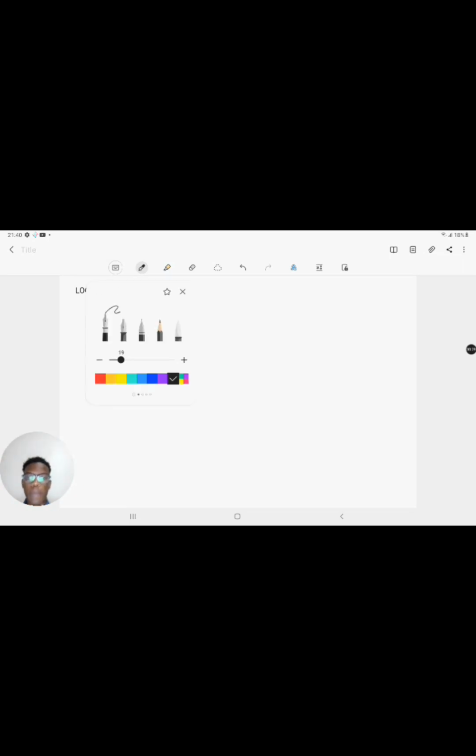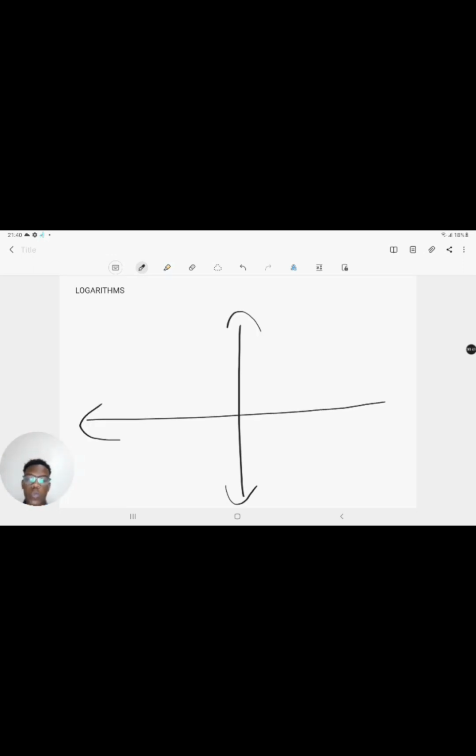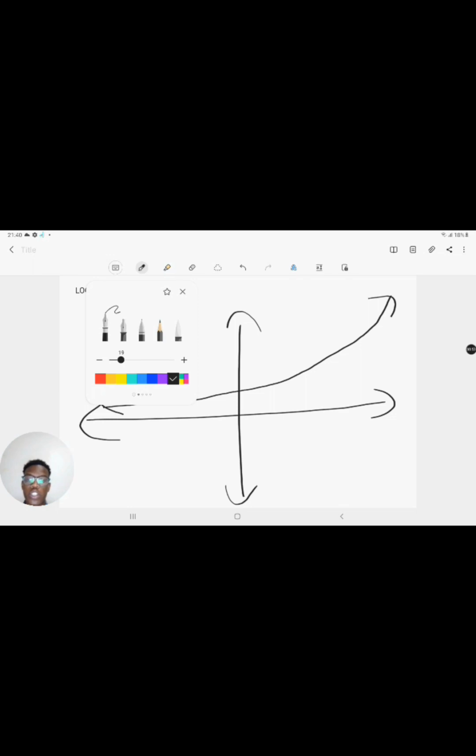Well, remember when we covered the exponential function in one of our earlier videos, we had the Cartesian plane like that, and we established a couple of things regarding the exponential function. Firstly, that it looks like that, and that it has what we call an asymptote.